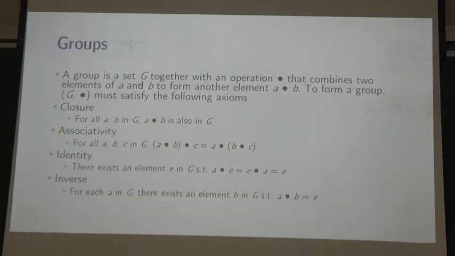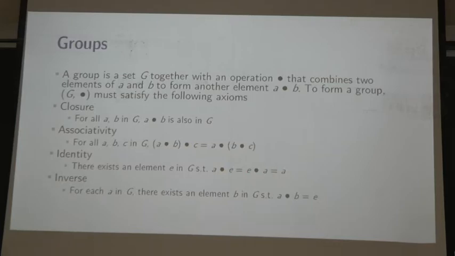Then there is the property of identity. There must exist an element E within the set G, within your set of elements of that group, such that A dot E is equal to E dot A, which is A. That is, there exists an element that when you apply the group operator to it with some other element of the set, that other element will not change.